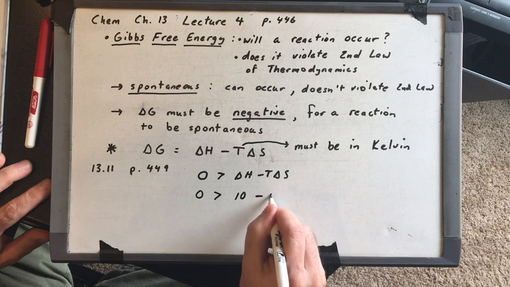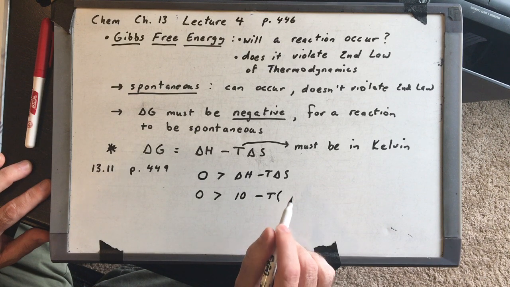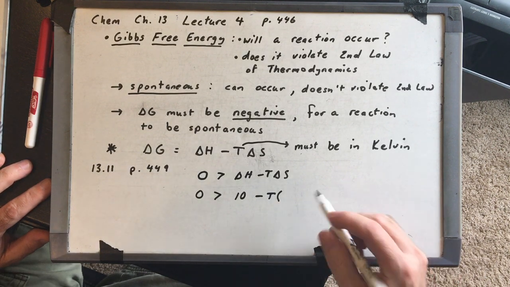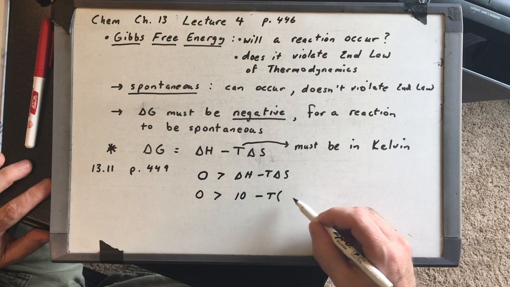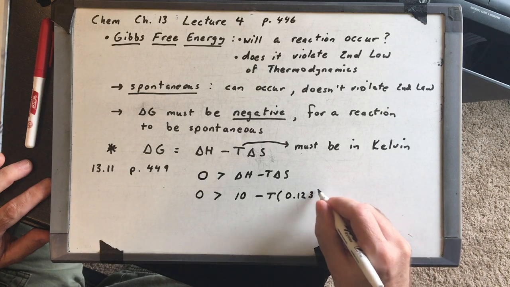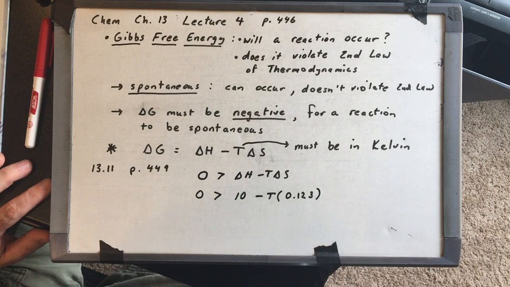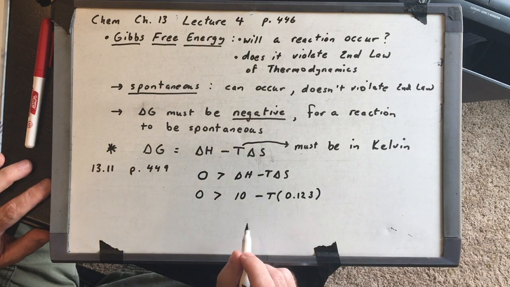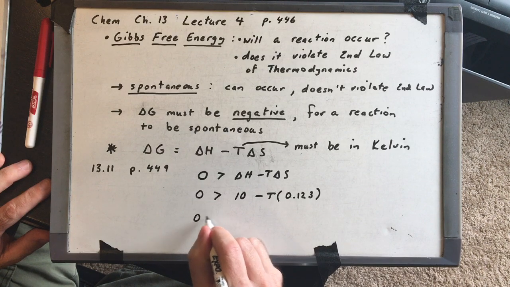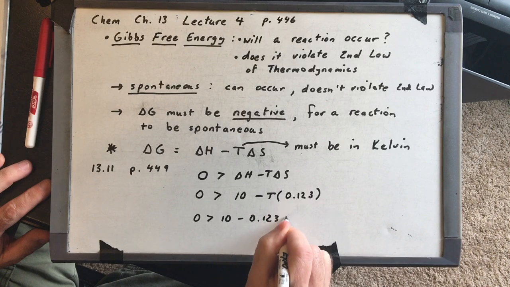Then minus T, since we're solving for a temperature range. Delta S is 123 joules per Kelvin, and we've got to change that to kilojoules, so that's 0.123 kilojoules per Kelvin. That's a really common mistake, to mix up the units. So we've got 0 is greater than 10 minus 0.123 T.